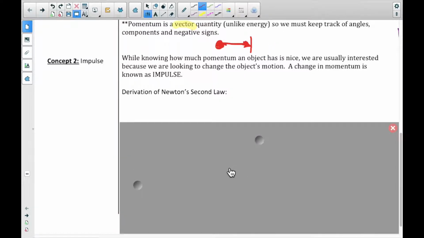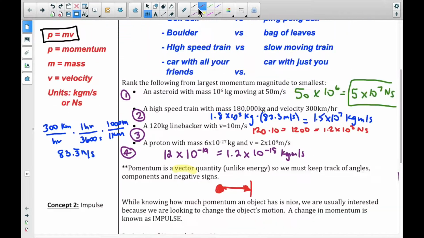So for instance, let's talk a little bit about Newton's second law. When we think of Newton's second law, we think of F equals ma. But actually, that's not how Newton originally thought of it. Let's go back to what I was talking about a minute ago with the equation. We have momentum equals mass times velocity.